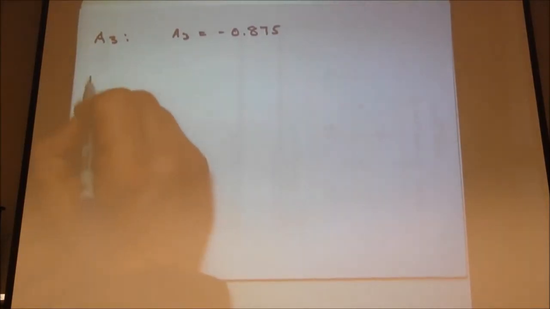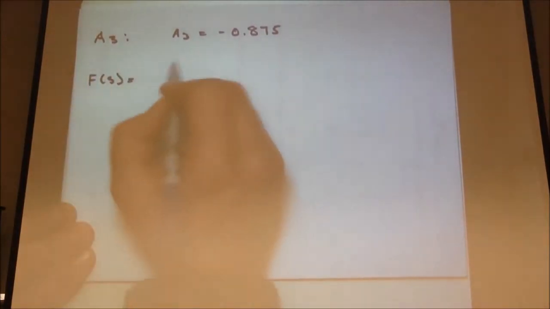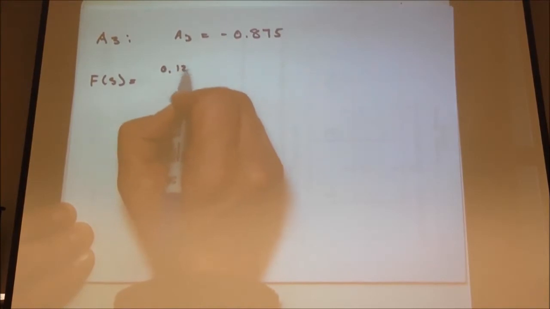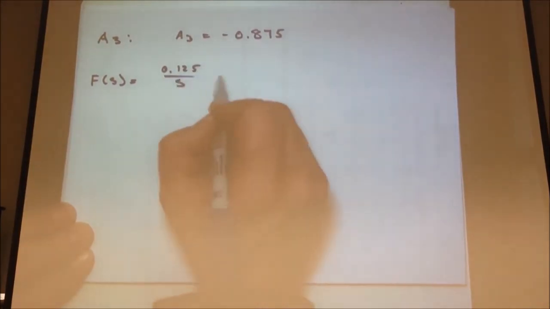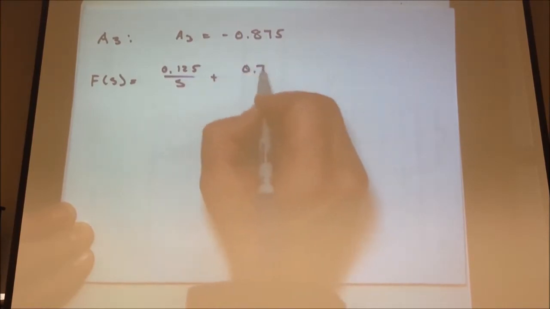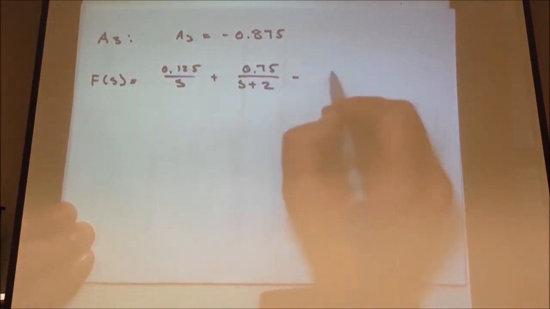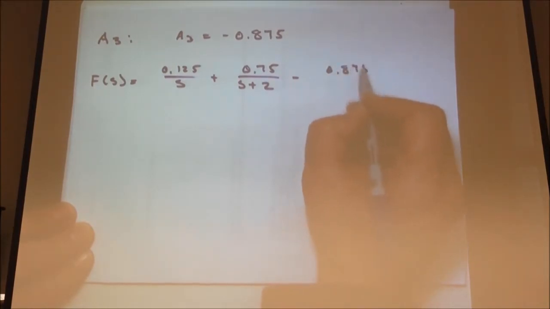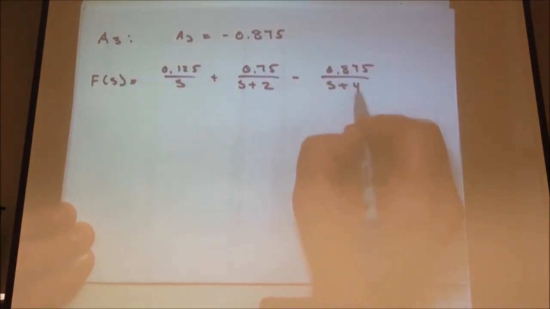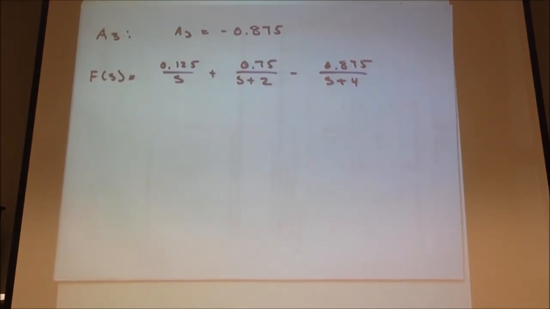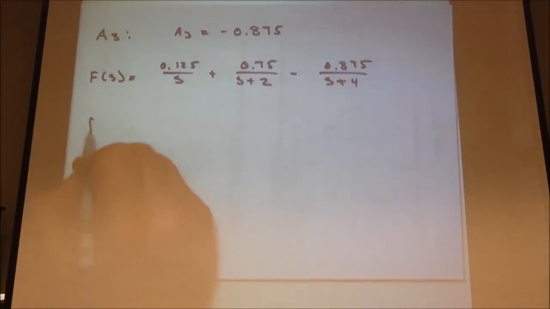And so where does that leave us? Well, our F of s now was 0.125 over s plus 0.75 over s plus 2 minus 0.875 over s plus 4. And hopefully those are all correct. Probably should check. And then what does that mean for us?